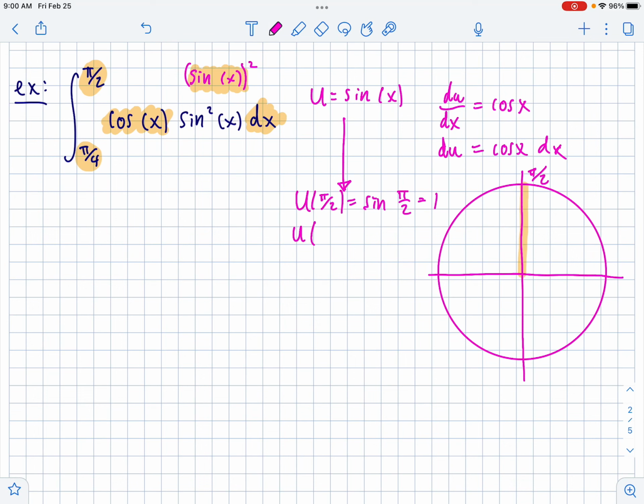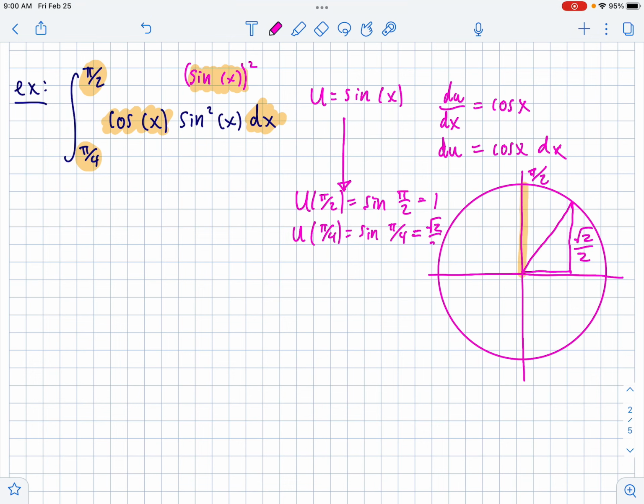Then we also need to find u of pi over 4. Pi over 4 is this triangle right here. It's a 45, 45, 90, where the sine value, so sine pi over 4, is equal to square root of 2 over 2.